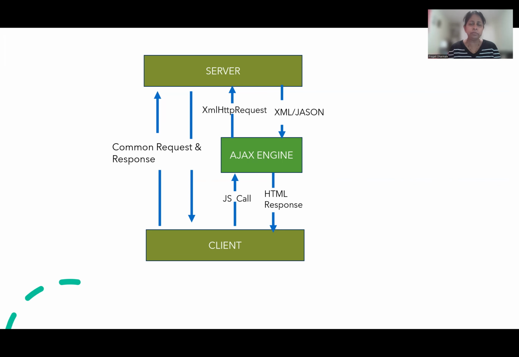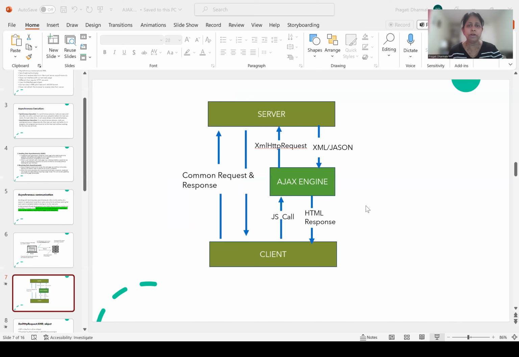The whole page remains the same. The page is not reloaded or refreshed. Only that portion that needs a response from the server is refreshed. That is asynchronous communication, and this has been made possible because of the technology called Ajax.